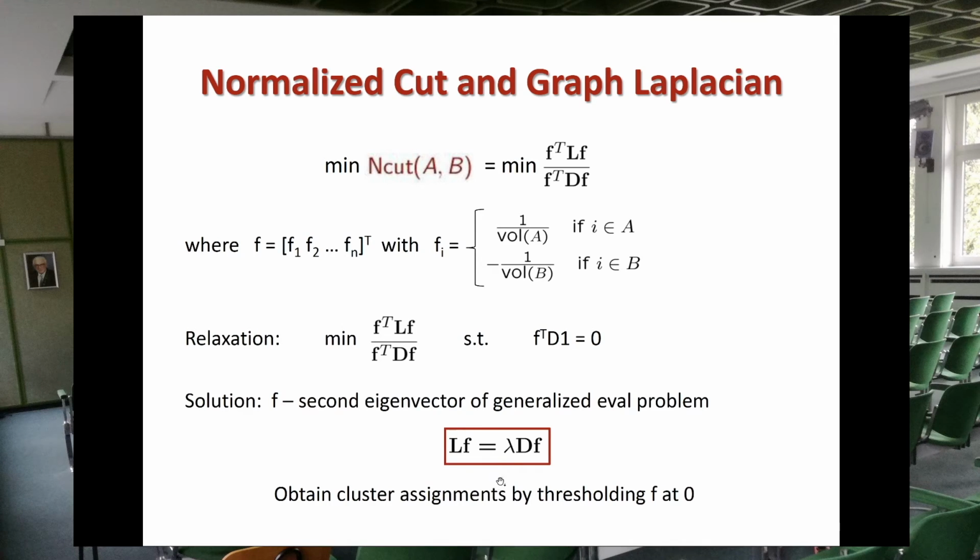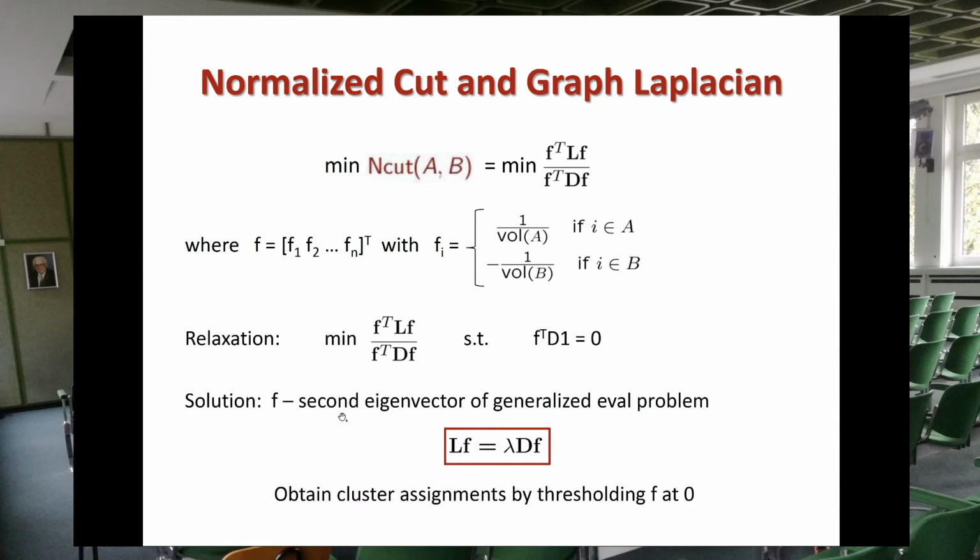And once we have solved this eigenvector and eigenvalue problem, we will see that the second eigenvector can be used for doing the final clustering of our points.